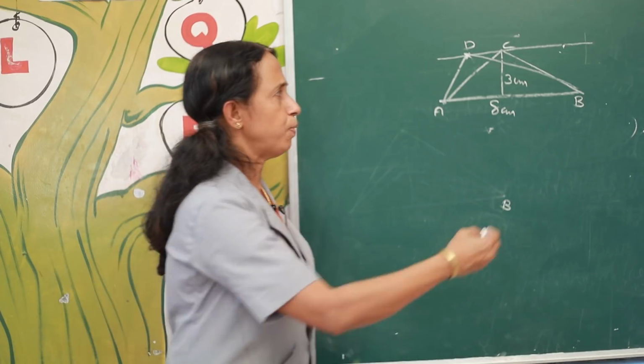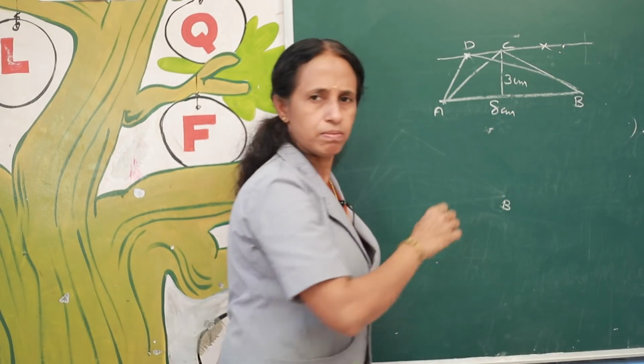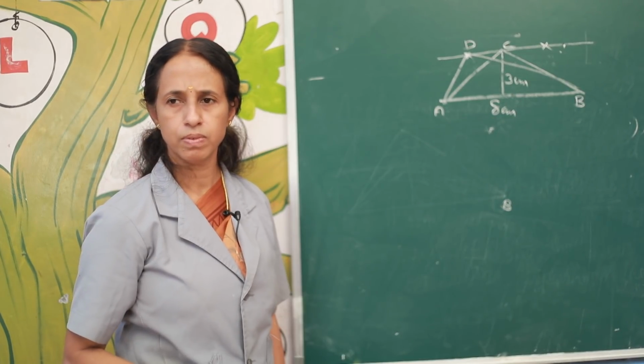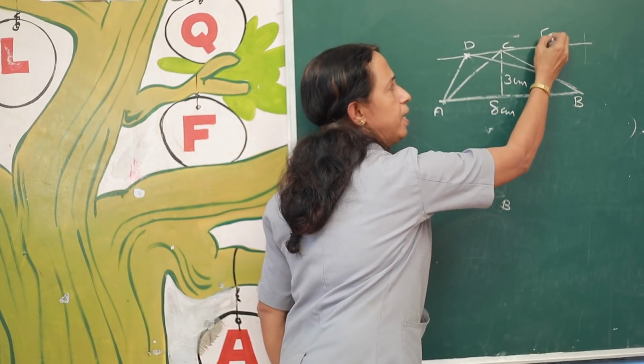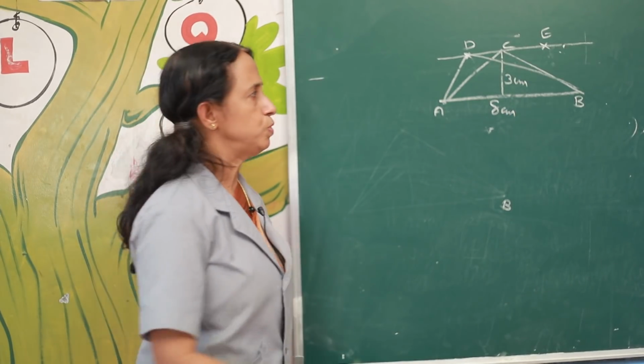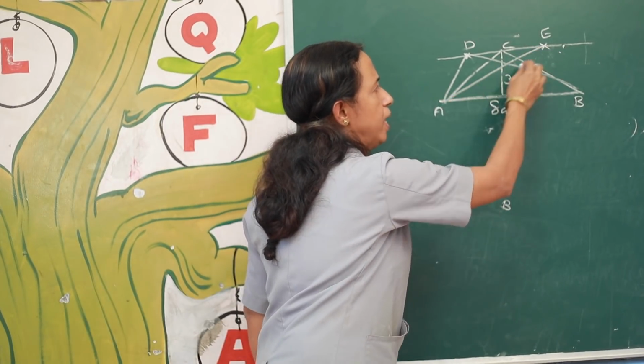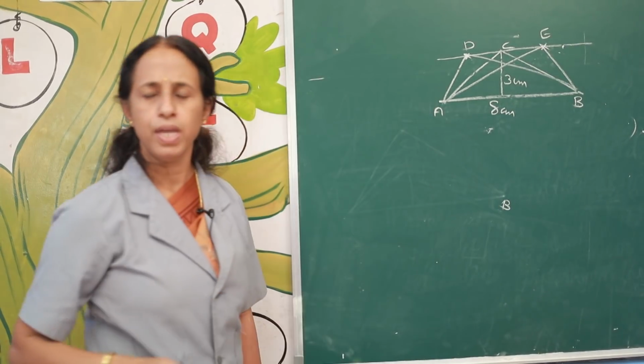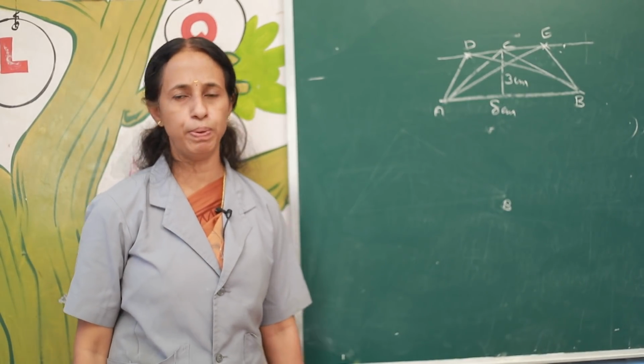Next, mark a point on the right side of C, that is E. Join E to A and E to B.